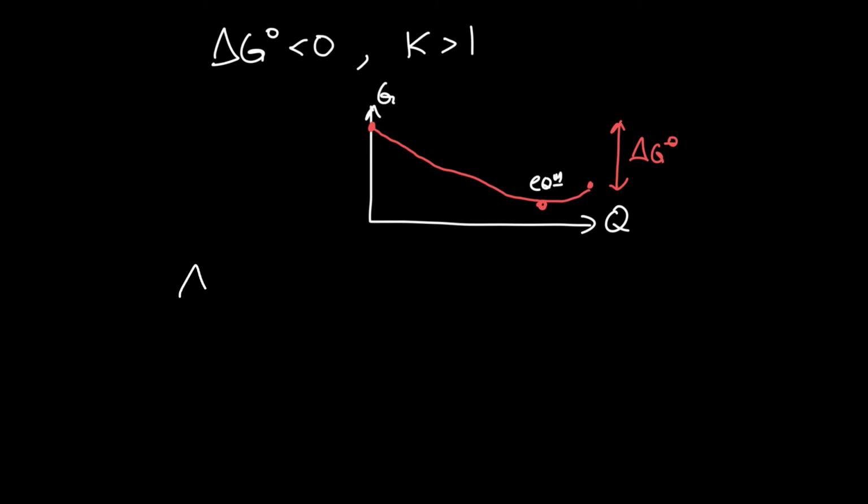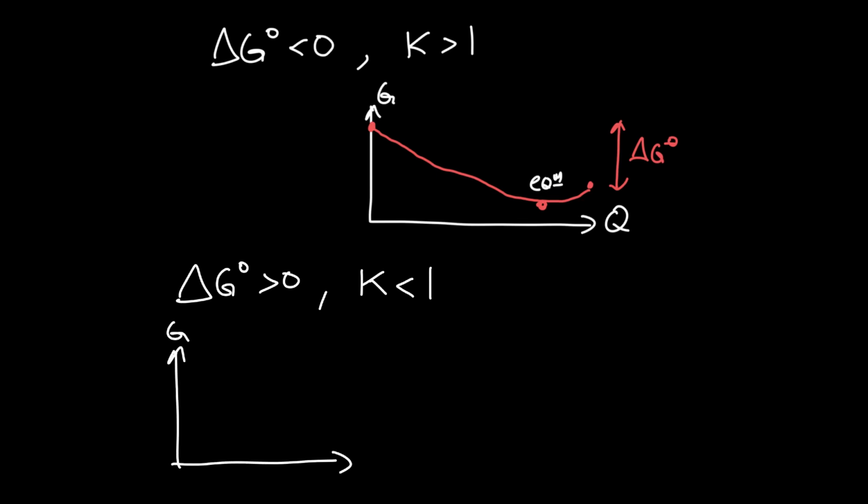Now, conversely, when delta G standard is greater than 0, we're going to find that the equilibrium constant is going to be much smaller than 1. We can plot the same curve: free energy versus the extent of the reaction. If delta G standard is much greater than 0, our reactants are here and our products are much, much higher, so delta G standard is simply this distance right here.